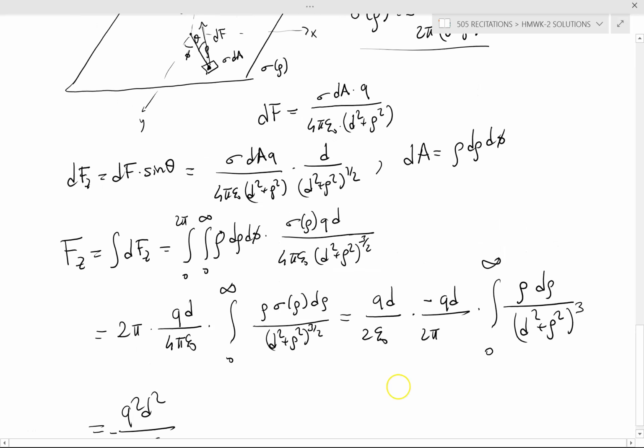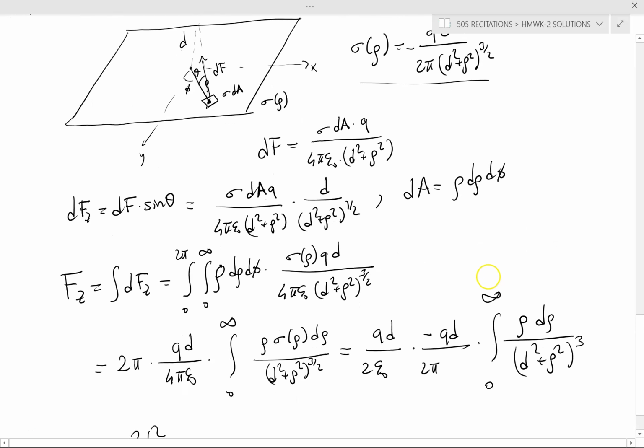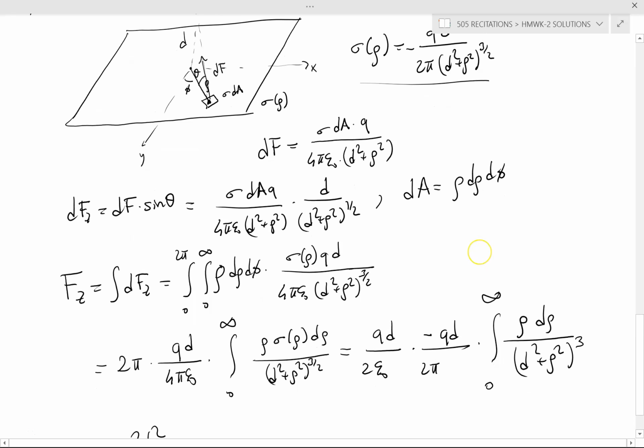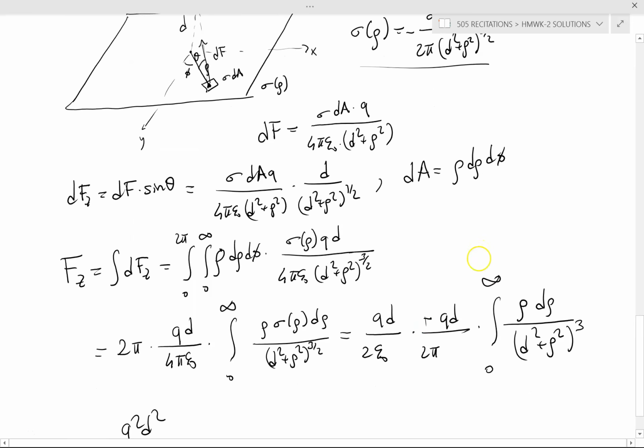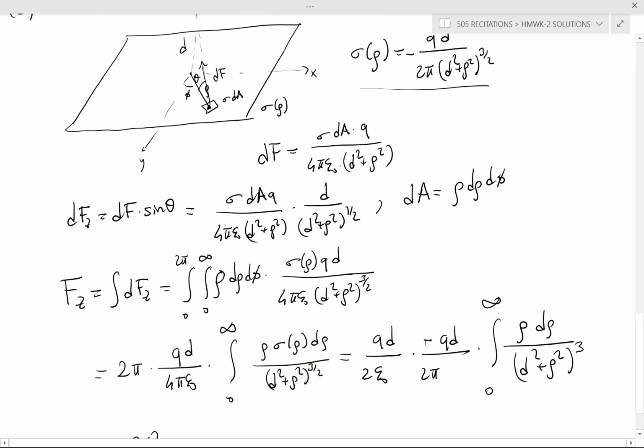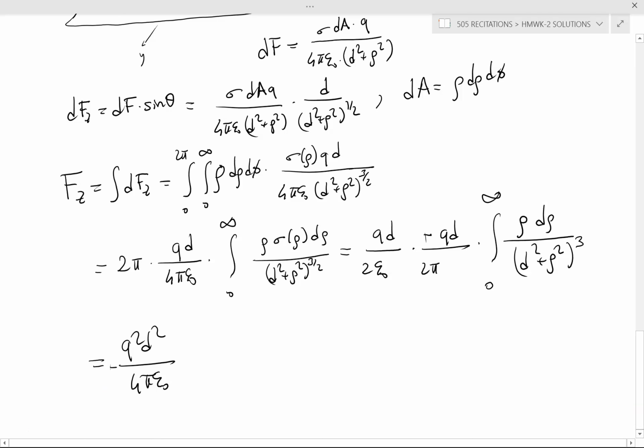There's a minus sign here, but I think we can correct it later. No, that shouldn't be there, because we are taking the magnitude and I have already handled the sign by assigning a vector over here.